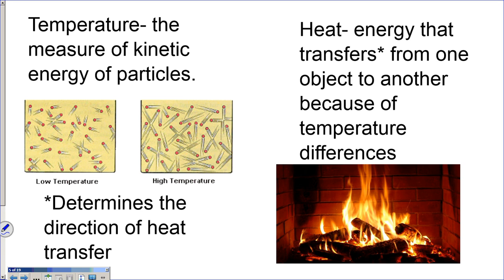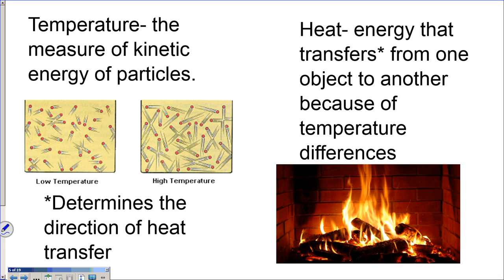Whereas heat is the actual energy that is transferring from one object to another. And remember, the cause of heat change is that temperature difference. Temperature is going to determine the direction of heat transfer. If two objects are the same temperature, there's not going to be a heat exchange.